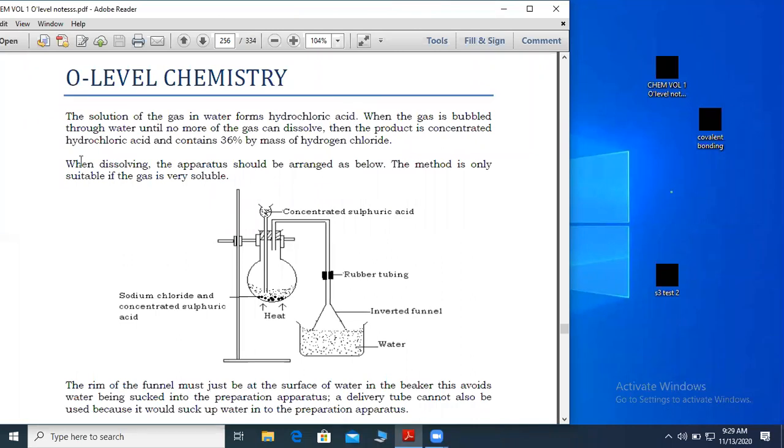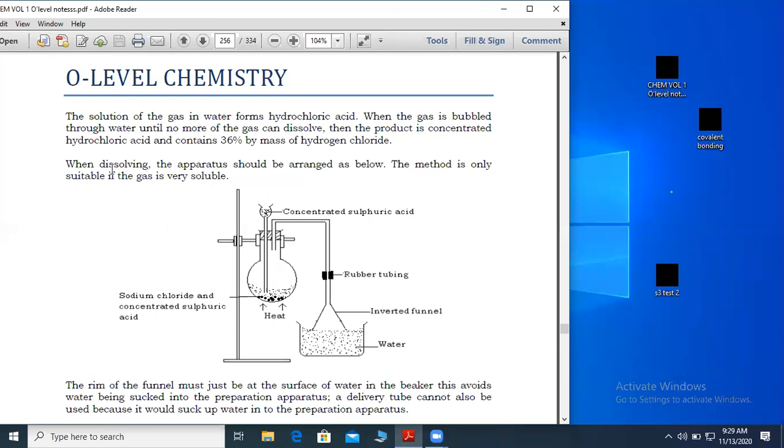When the gas is bubbled through water until no more of the gas can dissolve, the product is concentrated hydrochloric acid and contains 36% by mass of hydrogen chloride.